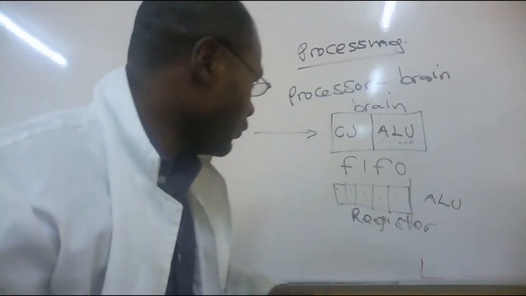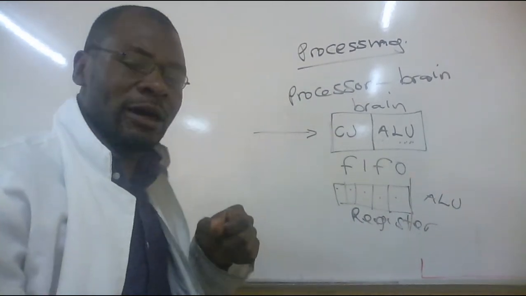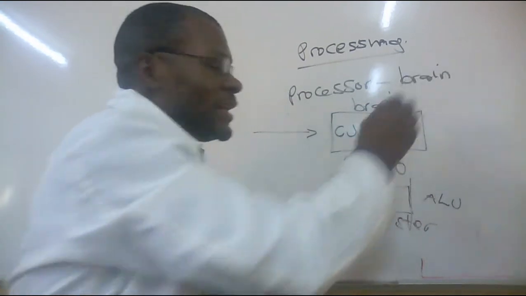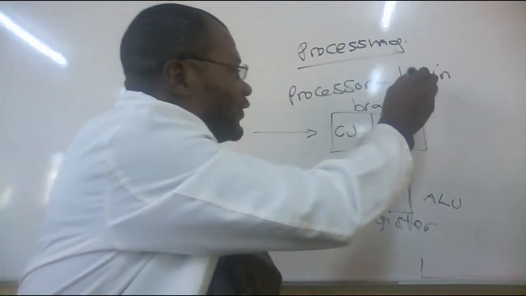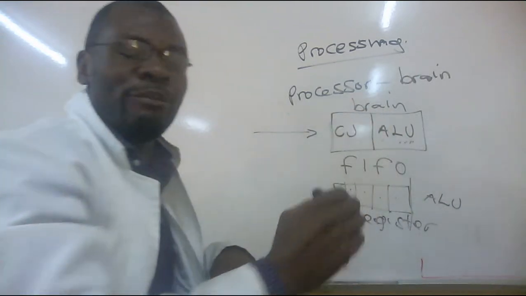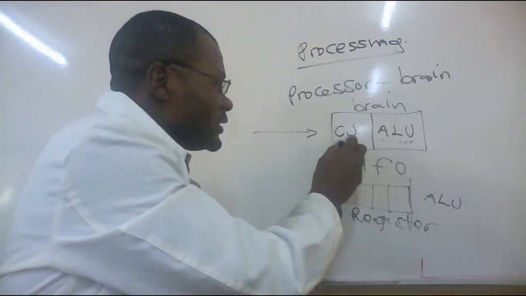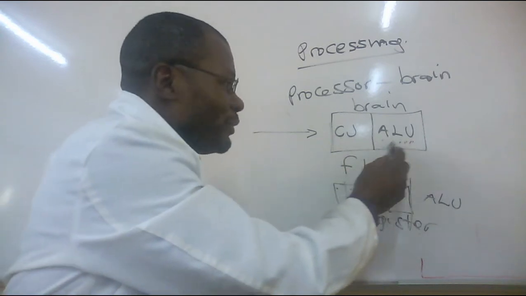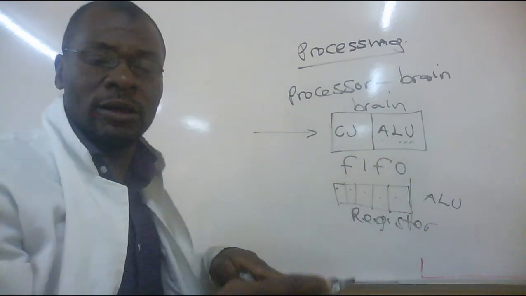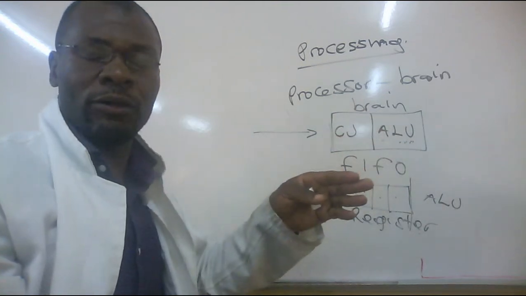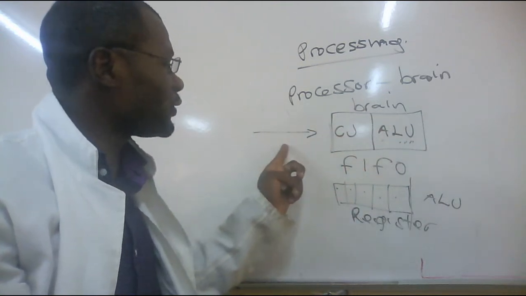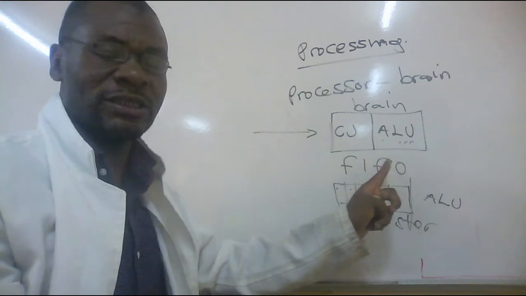So for now, the things that are coming out is that one, the processor is the brain of the computer. And it is divided into two compartments. One is the control unit, the other part is the arithmetic logic unit. And the brain of the computer or the processor works in the fashion we call first in, first out.